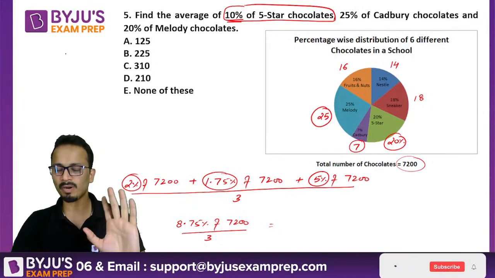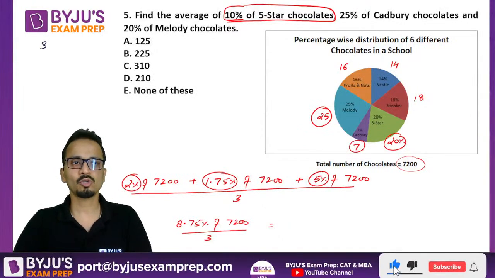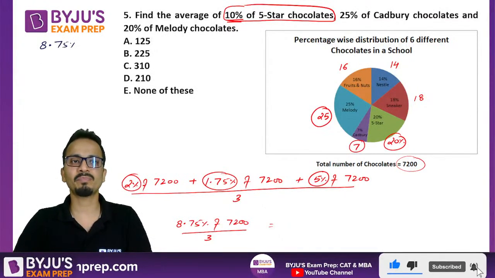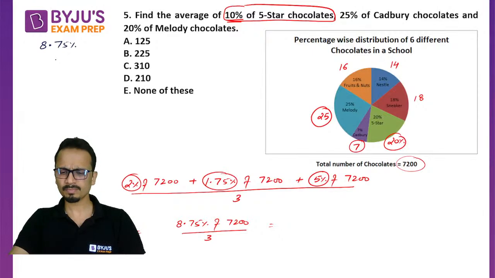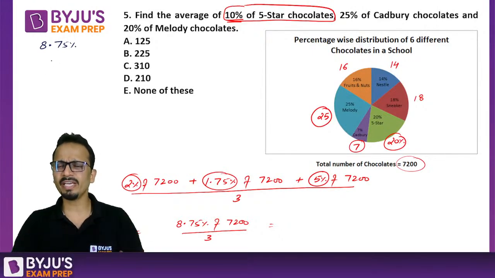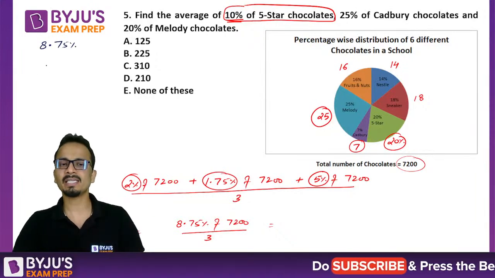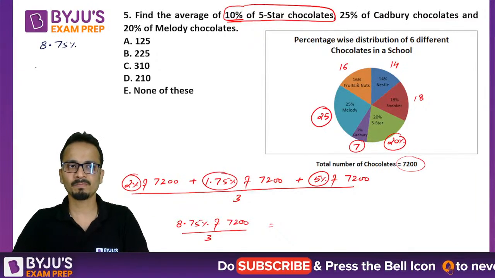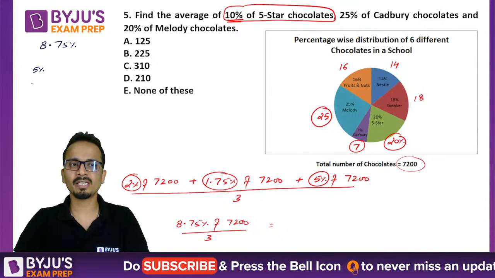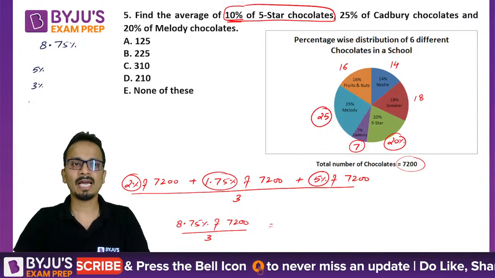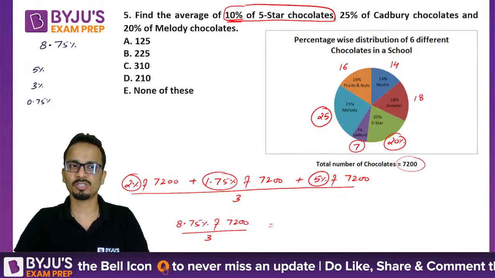Look at the top right corner of your screen. So 8.75%. Now you can use different ways of doing that. What I'm doing is I'll be breaking this entire thing into different parts. So पहले मैं 5% calculate करूंगा, then 3% and then 0.75%.